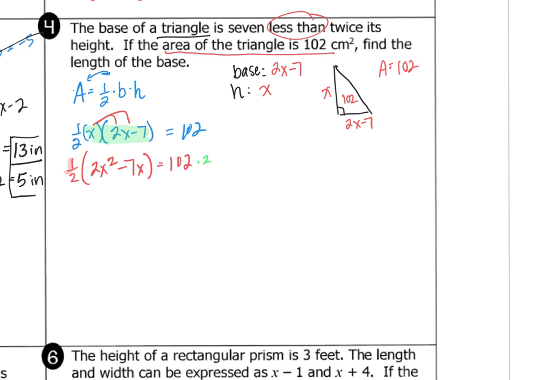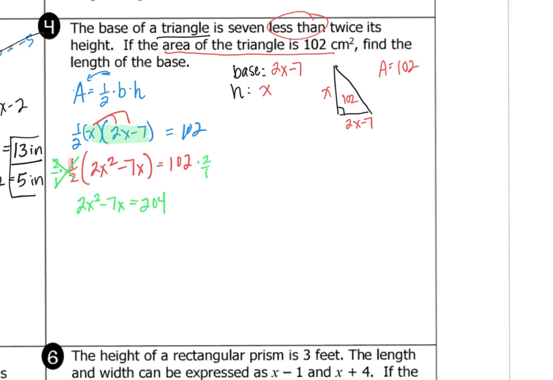I'm going to multiply by 2/1, because those cancel and make 1. That's a legal move right here. We're using the right order of operations. So we're just left with 2x squared minus 7x. Here we can drop the parentheses. There's nothing multiplying on it anymore. And it's equal to 102 times 2, which is going to be 204. All right. Phew, we got it all multiplied out. No more parentheses or anything.